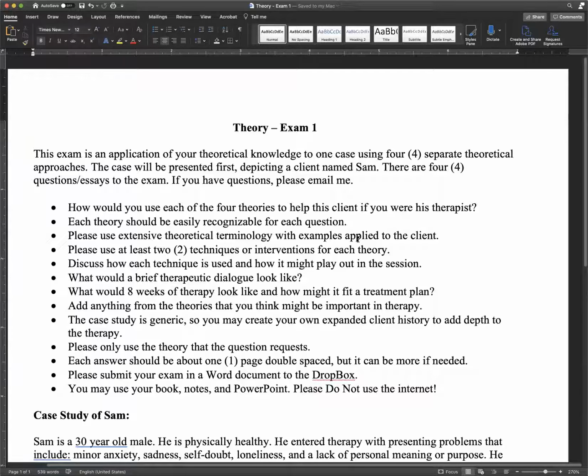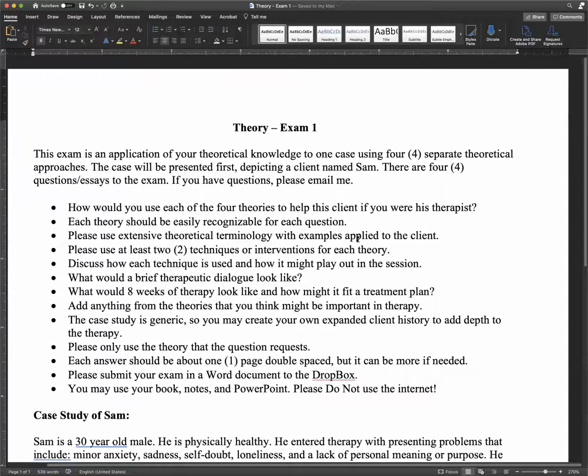So with each question, with each theory, and this is after you evaluate the client using terminology and begin to work with the client, you're going to include at least two techniques from each theory or interventions, and discuss how those techniques are used, how they might play out in a session.